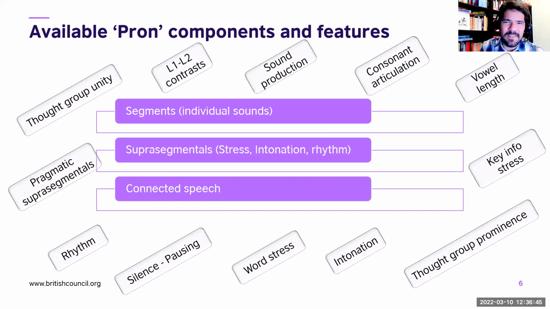So they would do things like, I want to go, instead of building the whole thought group together. And that's really important, because it helps you with rhythm in general.